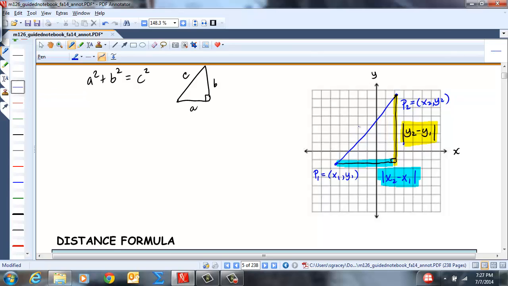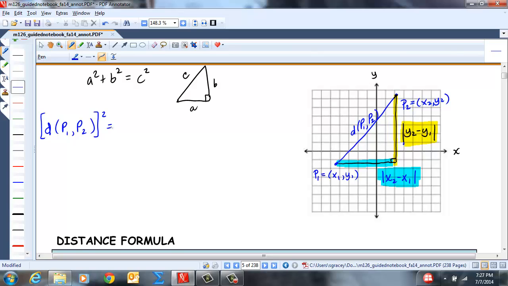So if we call this the distance and designate it between P1 and P2, so the distance between P1 and P2, and if we consider that to be squared, because if we square an absolute value, what's going to happen? Good. That you don't need the absolute value because you've ensured positiveness, right?